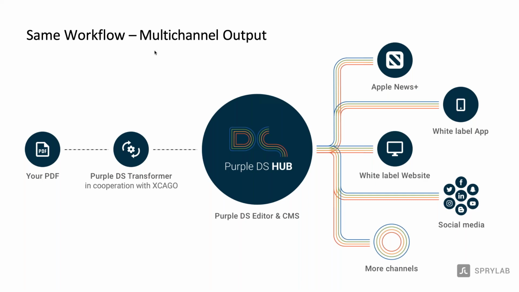One we showed today is the Apple News Plus channel, but as our hub is a multi-channel publishing solution, we have already pre-connected a couple of additional channels: a white label website, a white label app based on our own technology natively, social media, Amazon Alexa. So all these channels can also be used from the same point of content creation, content enhancement, and content publishing.